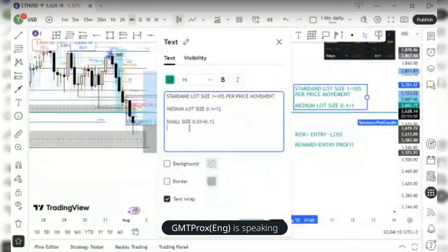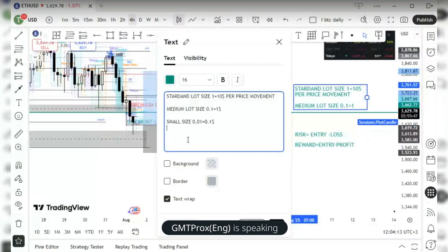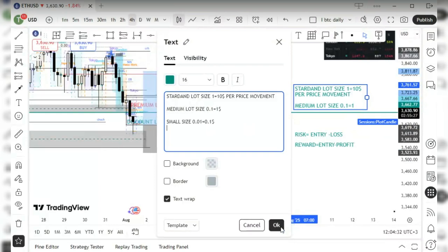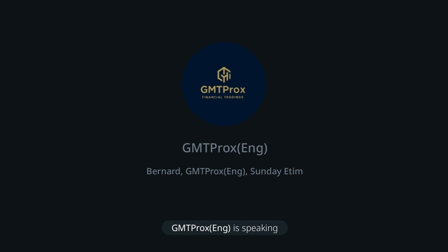So for small accounts, $20, $50, $100, go for 0.01. For every movement, either a profit movement or a loss, you are either losing $0.1 or earning $0.1. This is very much important to understand.